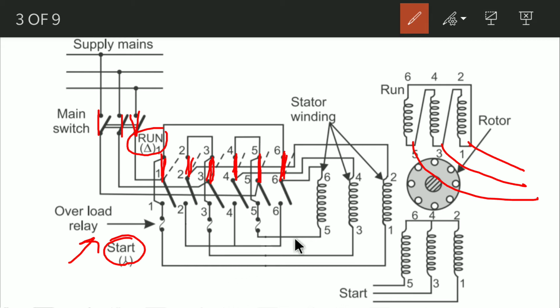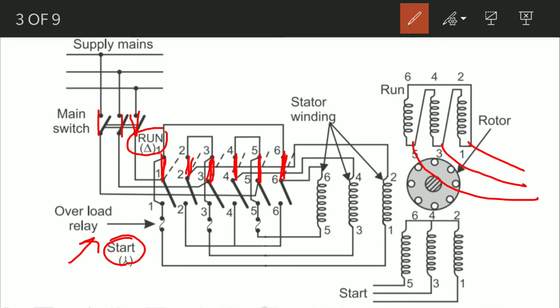What we can conclude is that when the position of double throw switch is downward, that is on star position, the motor is connected in star, and when it is moved to upper position, it is connected through this switch in delta.